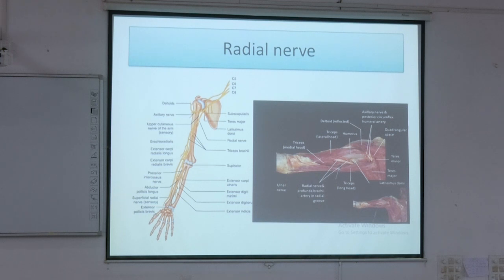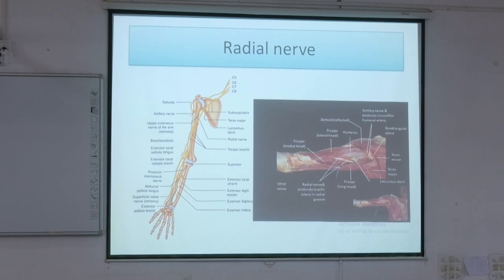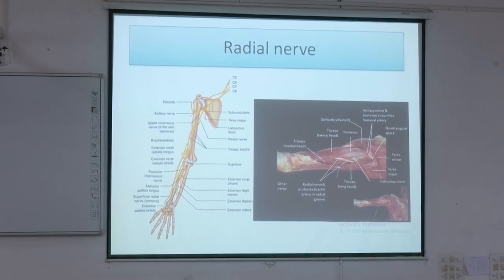And it has root value of all the roots of the brachial plexus, C5, C6, C7, C8, T1, because the posterior cord is formed by all of them, and it must leave the axilla to the posterior compartment, because it has to supply the posterior arm muscle.